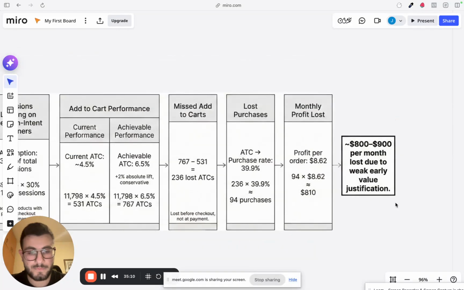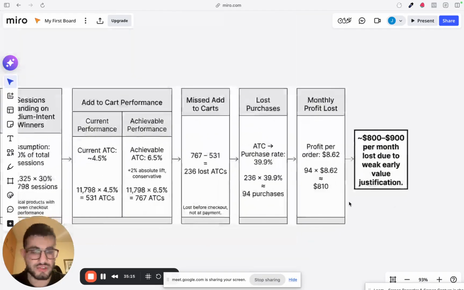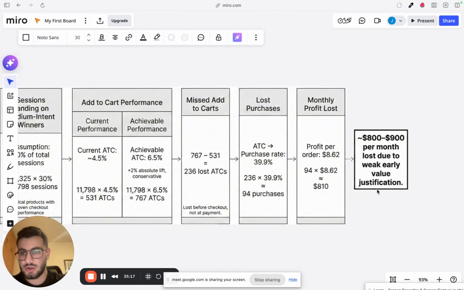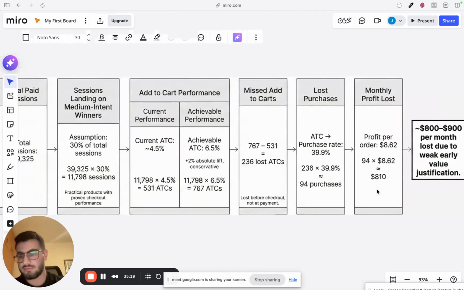This is just because of weak early value justification. So if you improve the value justification on these medium intent winners, you can get those profits back.